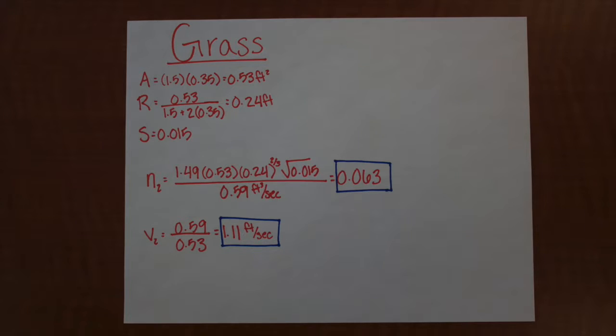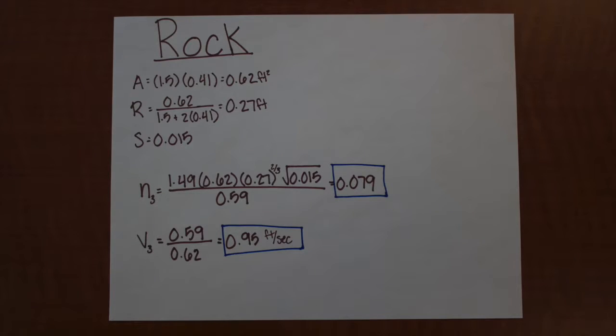And finally, for the rock surface, we had an area of 0.62 feet squared when we plugged in the width, which was 1.5 feet, and the depth of the water, which was 0.41. And then for the hydraulic radius, we came out with a value of 0.27 feet.